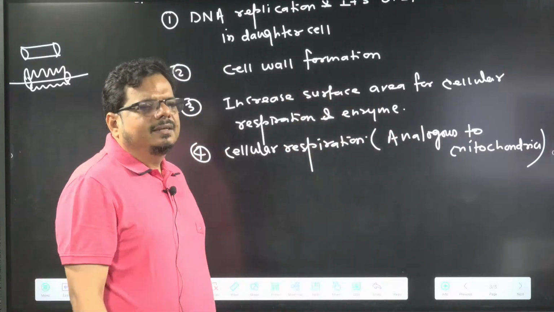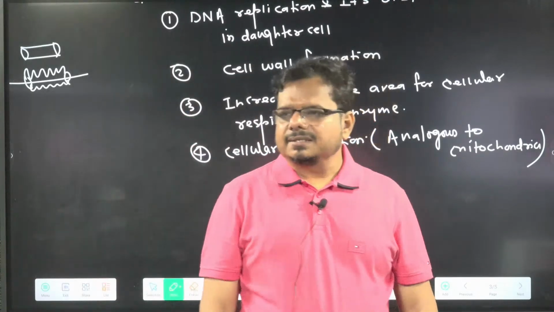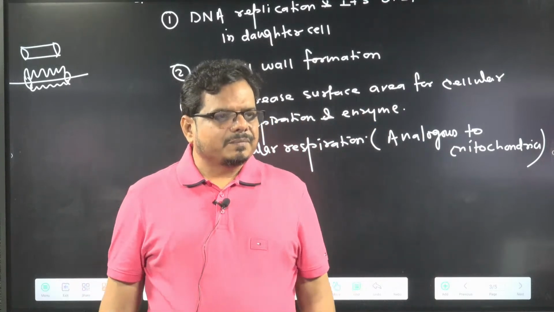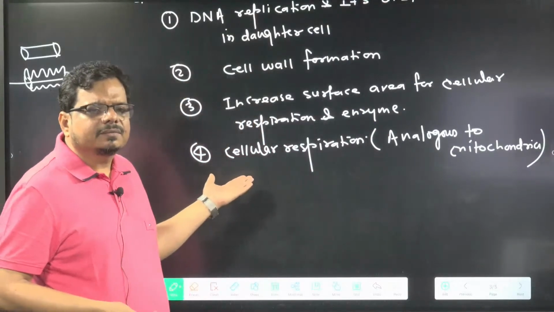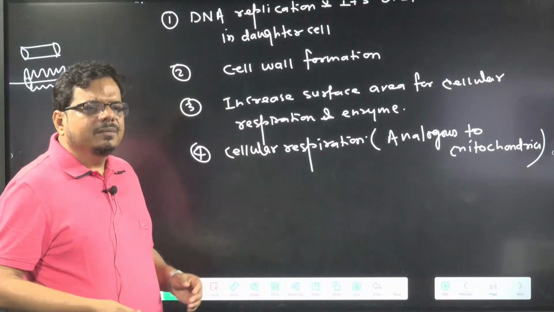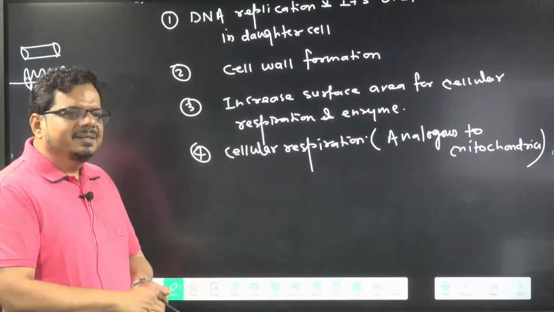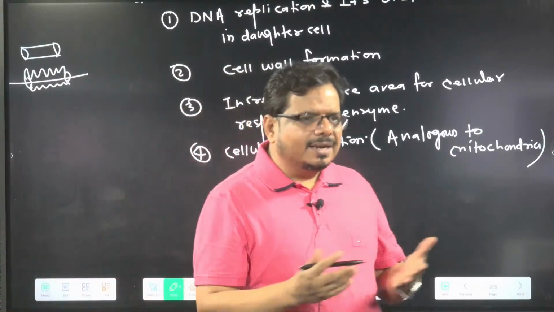Otherwise, you know, in cellular respiration, link reaction, Krebs cycle, ETS, these all require what? Mitochondria. But mitochondria is missing in prokaryote, yet aerobic respiration occurs in prokaryote also, right? Tell me, does it occur? Yes, it occurs.